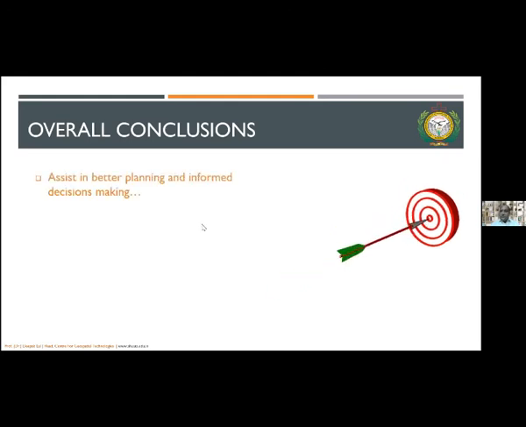So all this information will assist in better planning and informed decision making in devising sustainable policies. As we have already seen, every area should have its own policy based on the inputs available, the climatic conditions, and of course the cropping pattern.